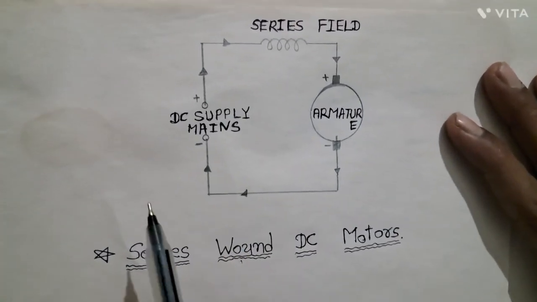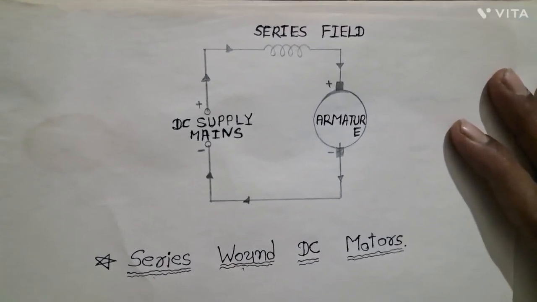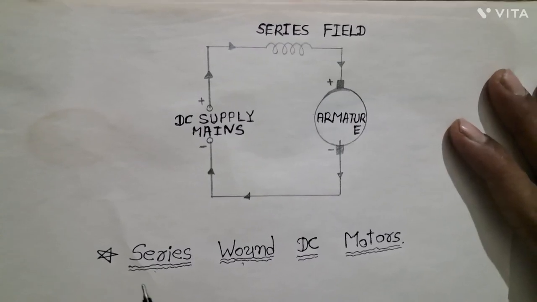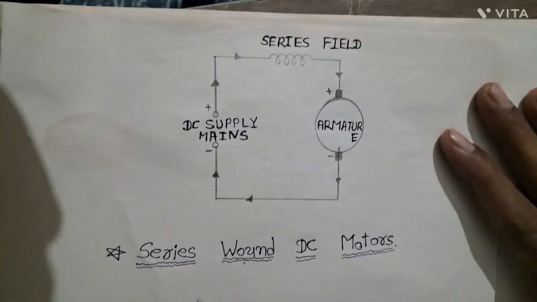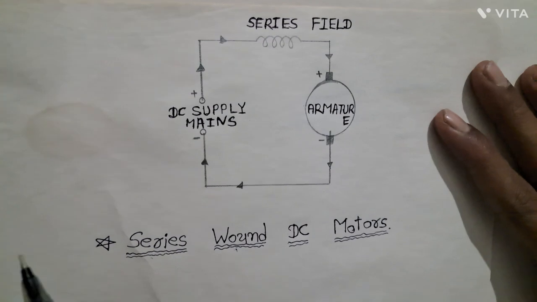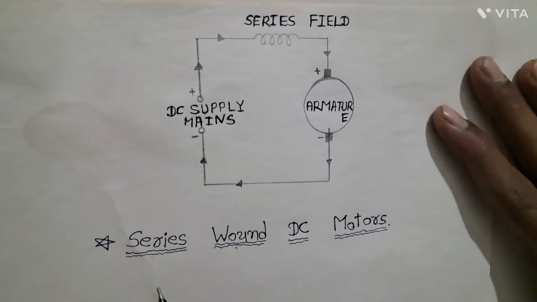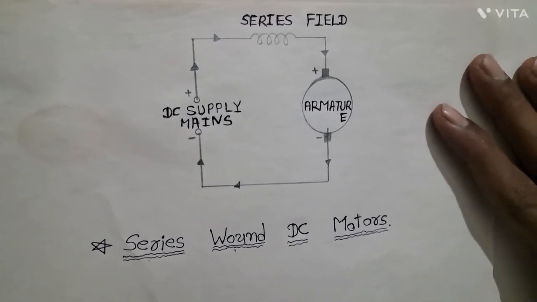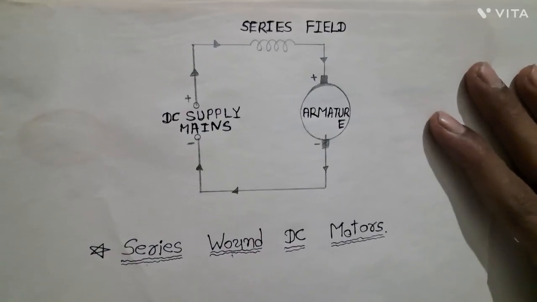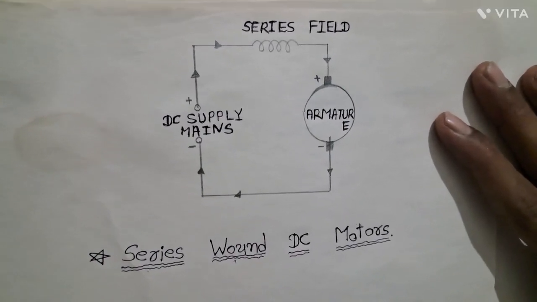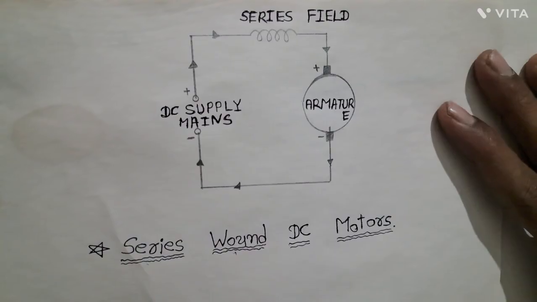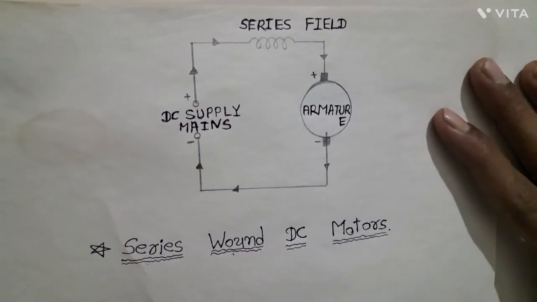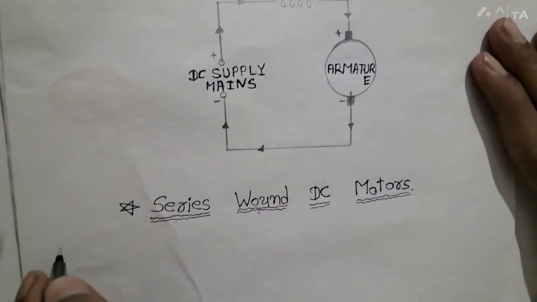The cross-sectional area of the wire used for field coils has to be fairly large to carry the armature current, but owing to the higher current, the number of turns of wire in them need not be large in a DC series motor.